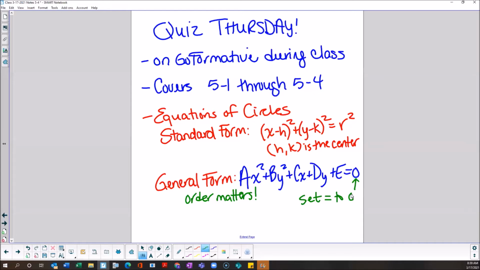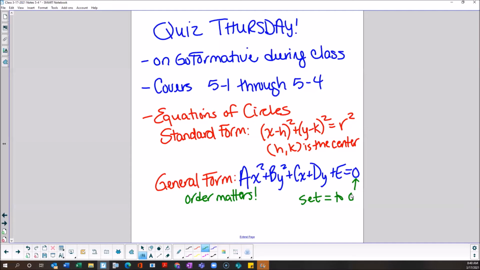We have the x squared, then the y squared, then the x, then the y, then just the plain old number equals 0. And those A, B, C, D, E, remember, those are just constants. They're numbers that show up in front of the variable. And if there isn't a number there, the number is just 1, right? Okay. And if for some reason you didn't have, like, say you don't have a Cx, there might not be an x term, I would still put what I do have in that order.